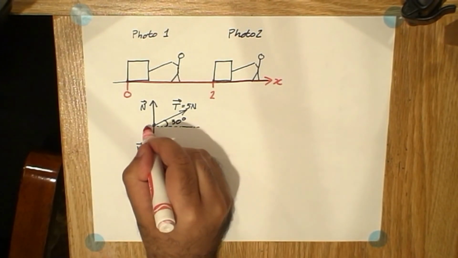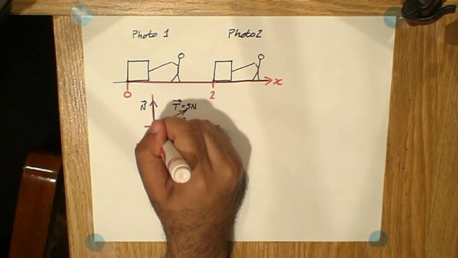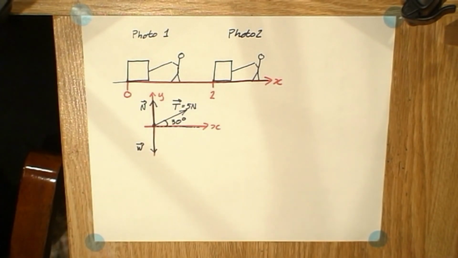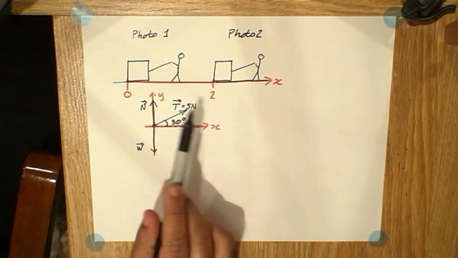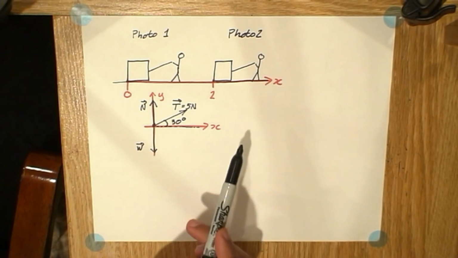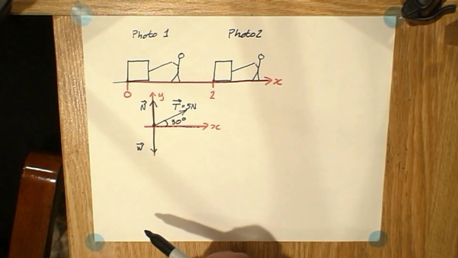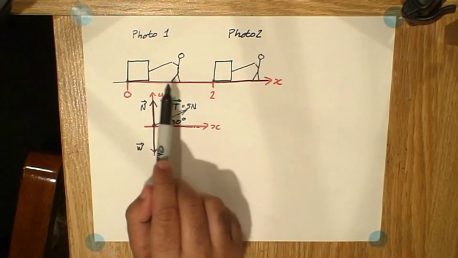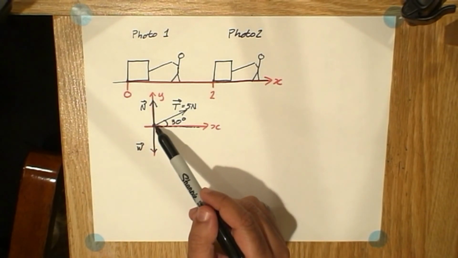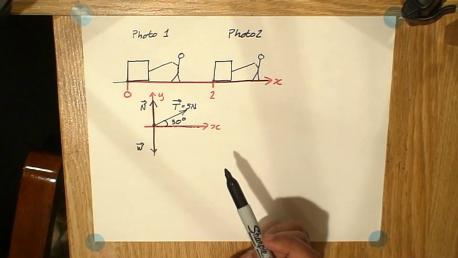Once again, we can draw in our x-axis and the y-axis. Like I said, drawing a free body diagram isn't strictly necessary for work questions, but it does make it a little bit easier to visualize the forces and the directions of the forces. So now we have an object that is moving purely in the x direction, but the tension is not pointed along the x direction, it's pointed 30 degrees above the horizontal.